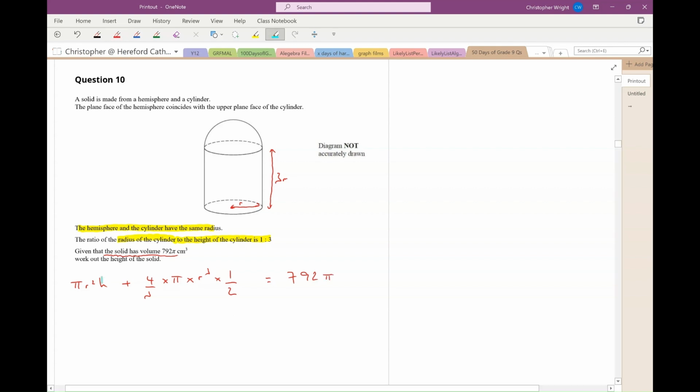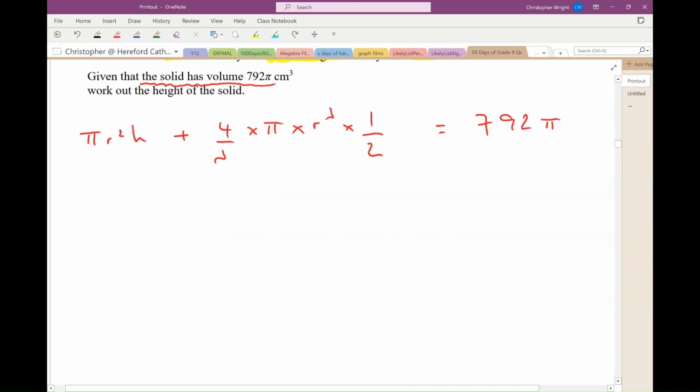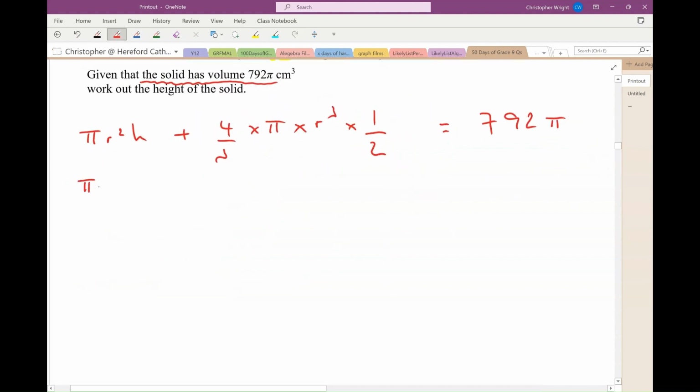Now, that h, I can do without that because I know that h is 3 times r. So what I've actually got here is pi r squared times 3r plus, now 4/3 times a half, that's 4/6, pi r cubed equals 792 pi. Let's carry on. 3 pi r cubed plus 2/3 of pi r cubed is 792 pi.